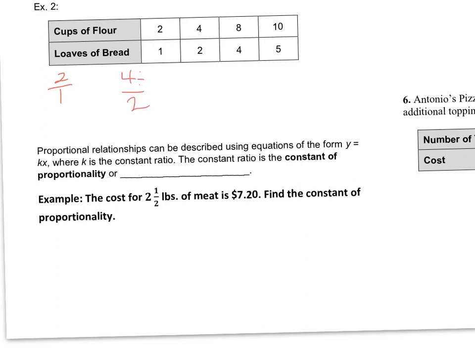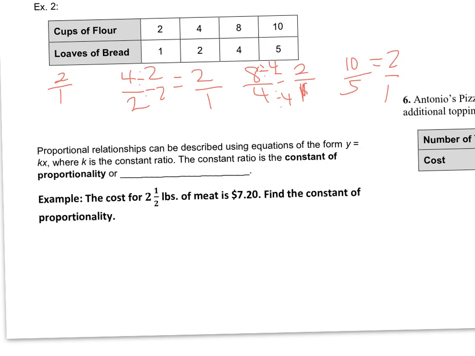That can be simplified by 2, and that also gives us a 2 to 1 ratio. Then 8 over 4 gives us a 2-to-1 ratio because we divide by 4. And finally, 10 over 5 reduces down to a 2 to 1 ratio because we can divide by 5.